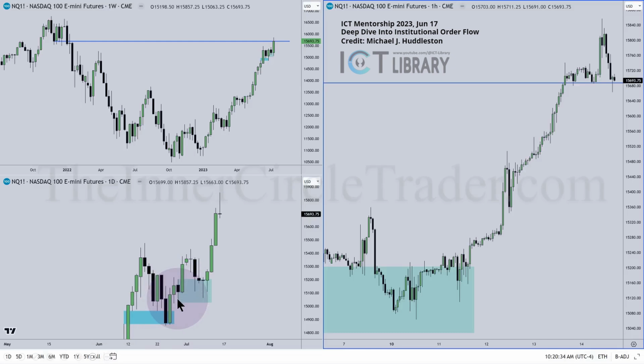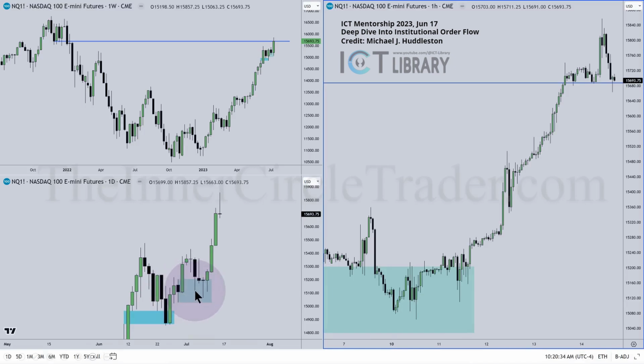Propulsion blocks are order blocks by themselves, but the way you differentiate what they are and how they're used is this down close candle digs into a previous down close candle. So an order block that has another order block that digs into it. Propulsion blocks, you never want to see a closing price below mean threshold. Mean threshold on an order block is the 50% level.